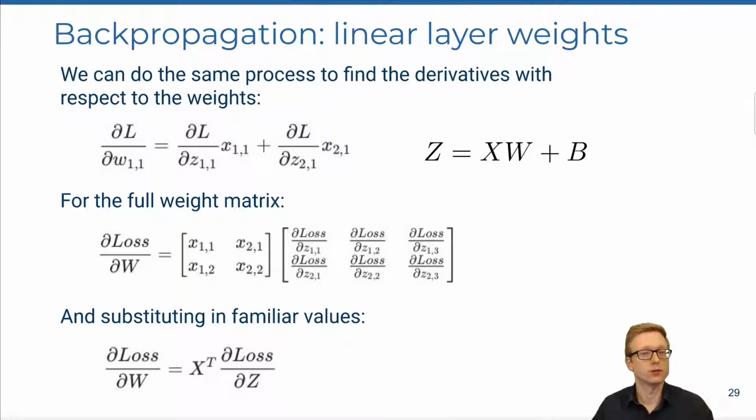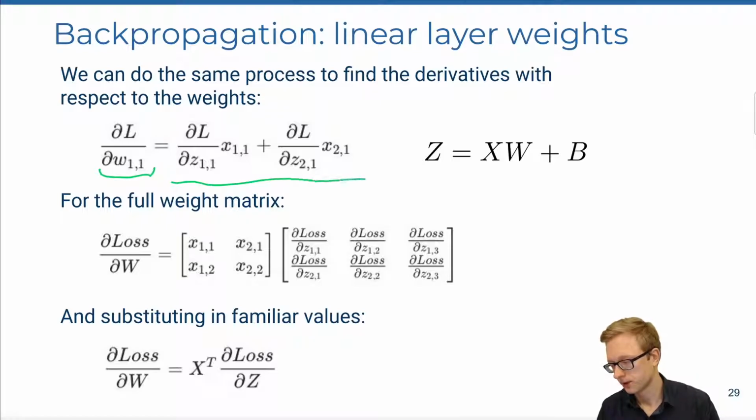But what about the weights? We need to calculate the partial derivative with respect to our weights in that particular layer because we need that to actually perform the gradient descent step. And we can do basically the same process for the weights. So if we break it down for one individual weight, in this case W11, then we get the equation here.